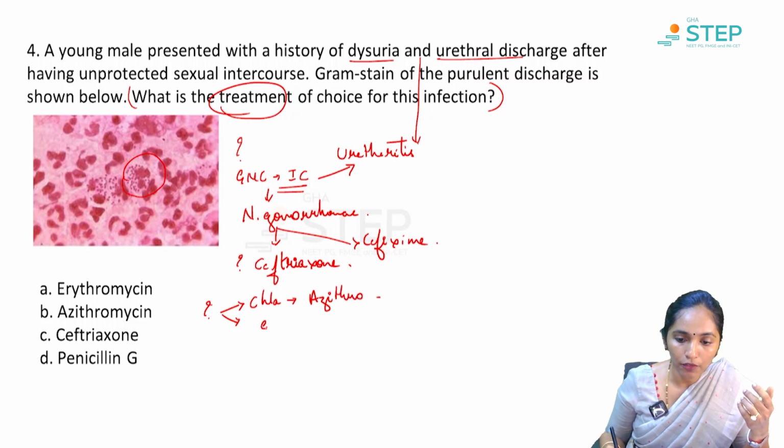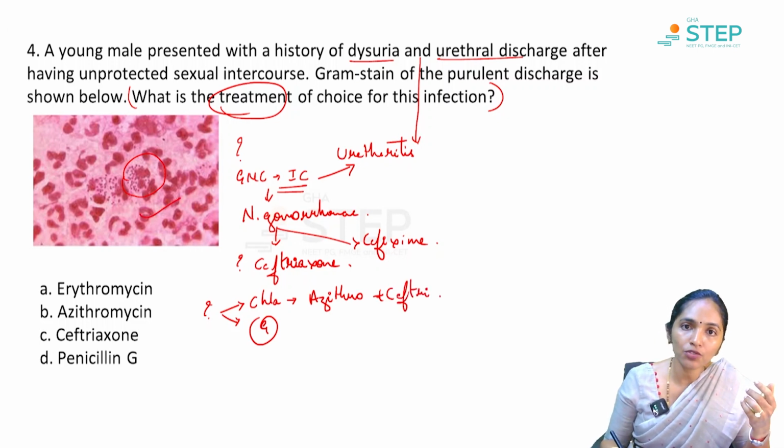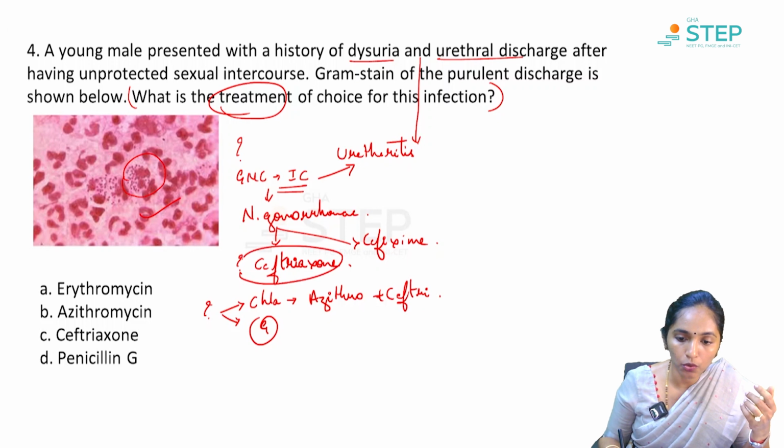Okay, so you have gonococcal as well as chlamydial infection, azithro is added along with ceftriaxone. But as it is a confirmed case of gonococcal urethritis, we are going with only ceftriaxone. So the option here is ceftriaxone. If in this place cefixime was there, we would have chosen even that.